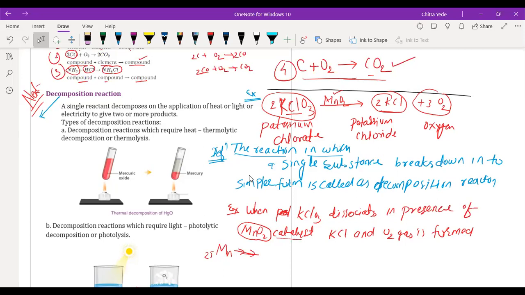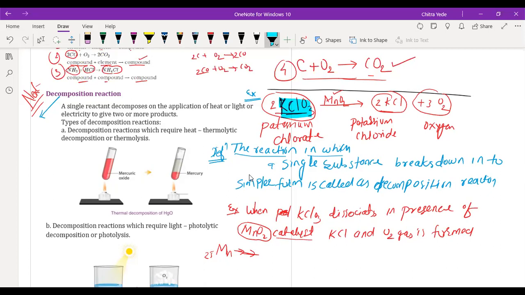You know what a catalyst is? Catalysts are chemical substances used to increase the rate of chemical reaction. Suppose here we have KClO3, potassium chlorate.